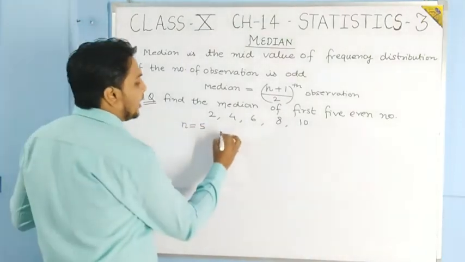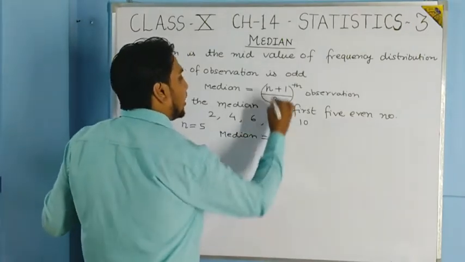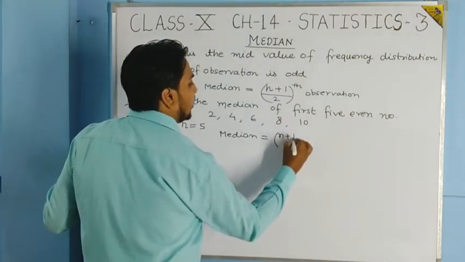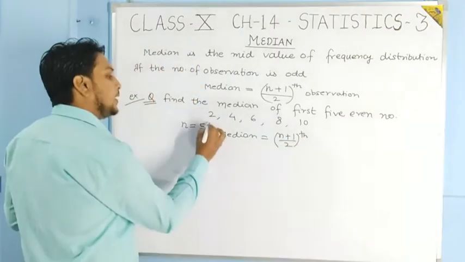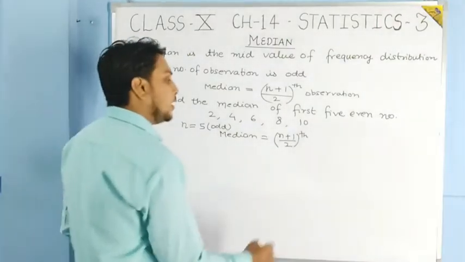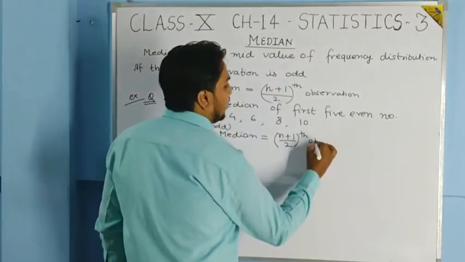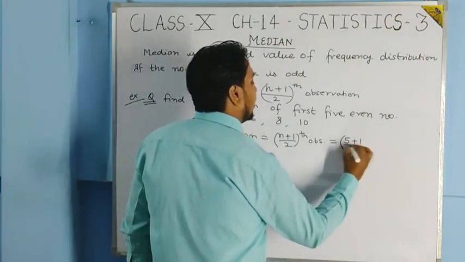So we'll find the median by applying the same formula, that is n plus 1 by 2th observation. Why? Because n is 5 and 5 is an odd number. Okay, so n plus 1 by 2th observation means 5 plus 1 by 2.